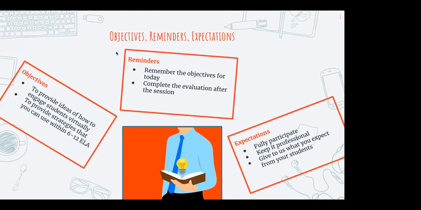Remember, the objectives for today are to establish some vocabulary strategies that are good for our students, as well as grammar strategies that we can incorporate in our classroom. And then after this, we want you to complete the evaluation for the session. That is how you are going to get your CEU for today, okay?